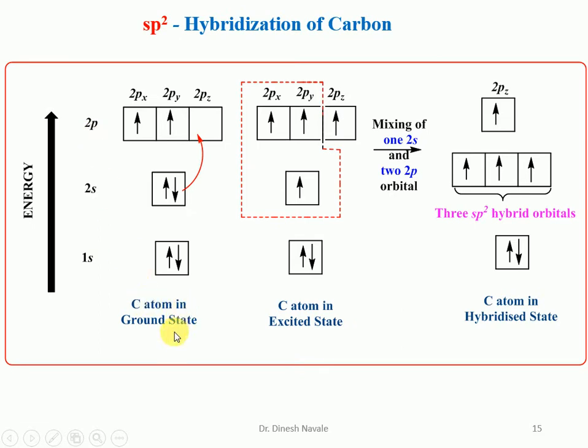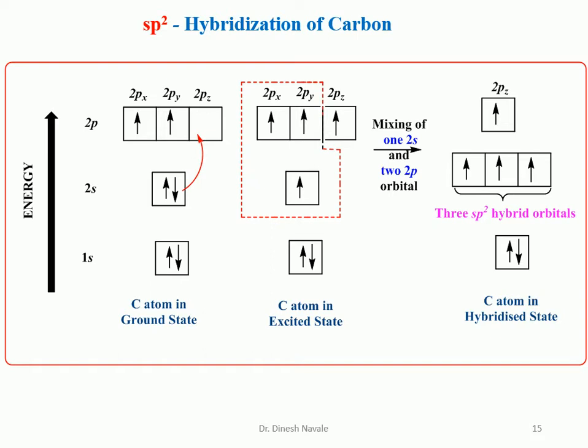The ground state electronic configuration is 1s2, 2s2 and 2p2, so the 2pz orbital is empty. During the excited state, one of the 2s electrons goes to the 2pz orbital, shown by the red arrow, and we get the carbon atom in the excited state as 1s2, 2s1 and 2p3, like 2px1, 2py1 and 2pz1.